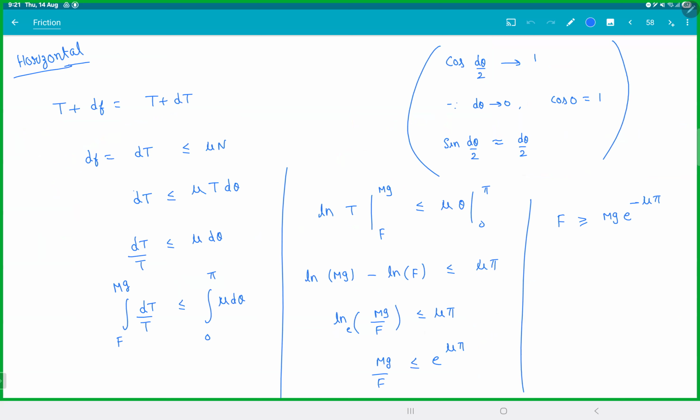If you take the friction in the other direction, because it can go both ways, then the limits will be mg to F. It will reverse.